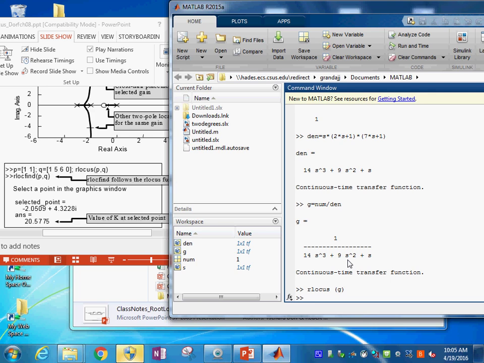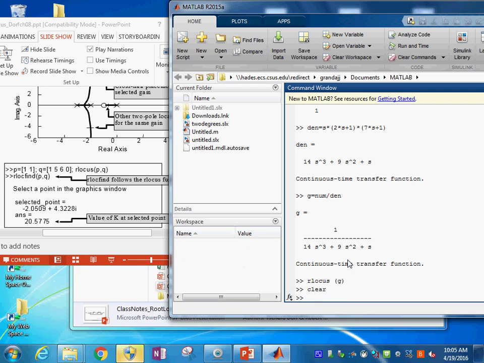So I would say in here I am going to type clear so that we clear all variables at workspace, and this is a suggestion from the textbook.